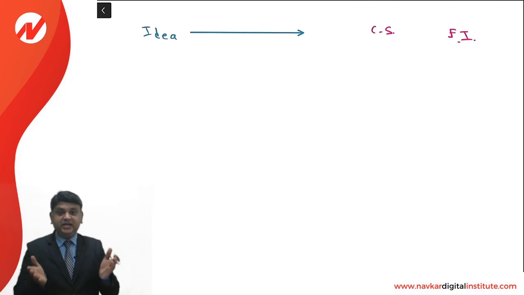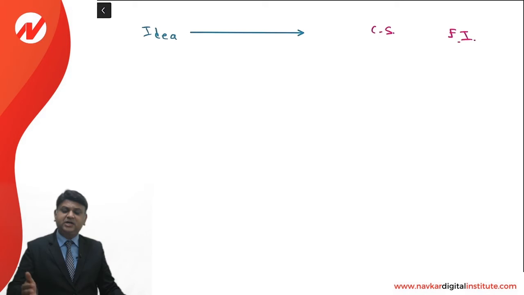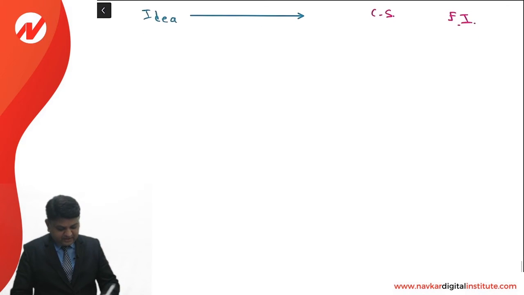After a very detailed project report submission, all negotiations, convincing the financial institution, you are going to raise the funds. So after a lot of efforts, what will happen? The financial institution is going to sanction the loan to you.